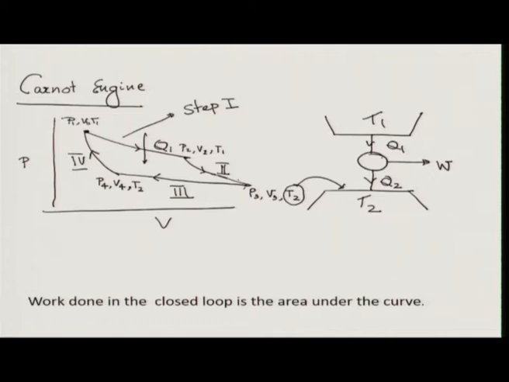Now, it starts dumping heat to the cold reservoir. I allow compression up to volume V4. In this process, Q2 heat is released, and then finally this adiabatic process brings it back to P1, V1, T1, the initial state, and the cycle continues.